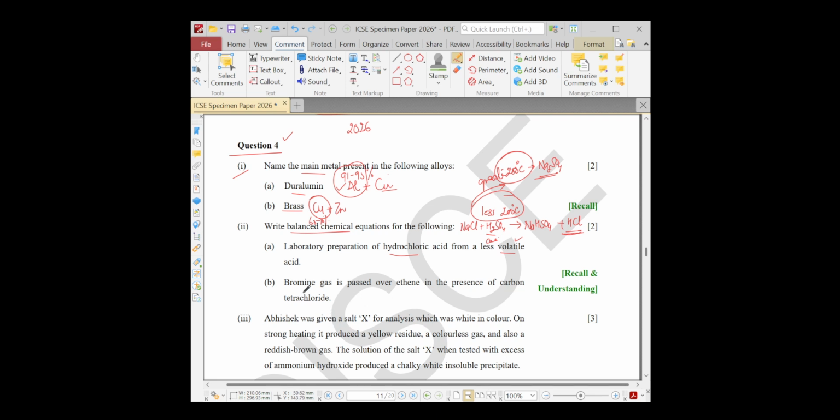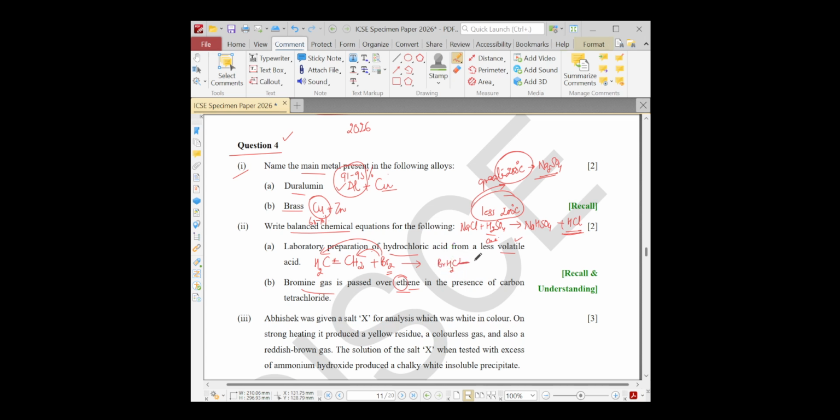Then next, here it says when bromine gas is passed over ethene. Now ethene is 2 carbon. Eth means 2 carbon, ene means double bond. So you have CH2 double bond CH2, right? Ethene. Now when this is treated with bromine, there is an addition reaction. The one pi bond breaks, one bromine comes on the first carbon, the second comes on the second carbon, and you get H2C single bond, right?